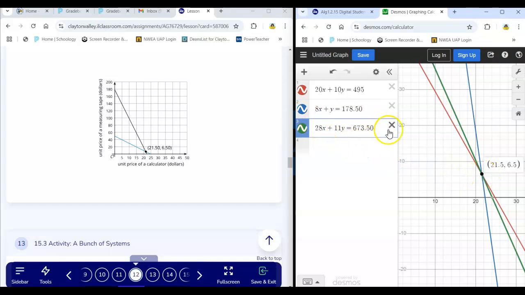And the fact is that after adding these together, we still end up with one solution. There is one set of calculators and one set of measuring tapes that add up to this amount of money. So hopefully you're starting to see that this makes sense.